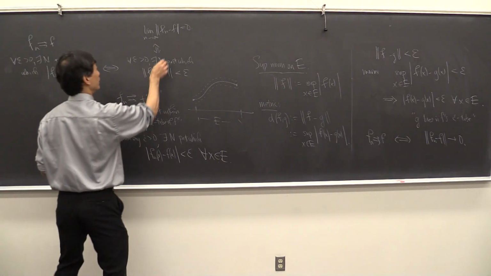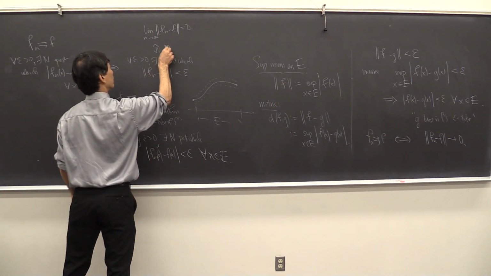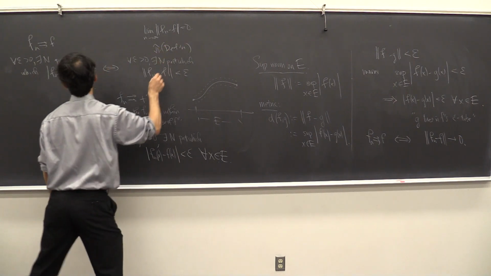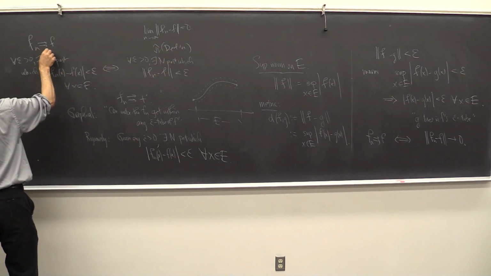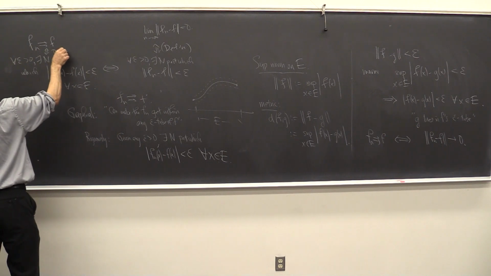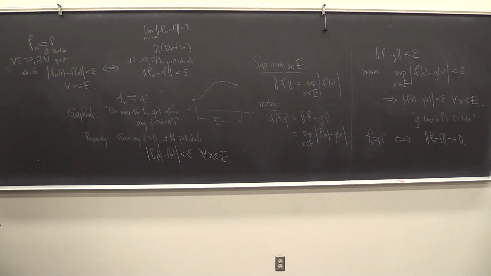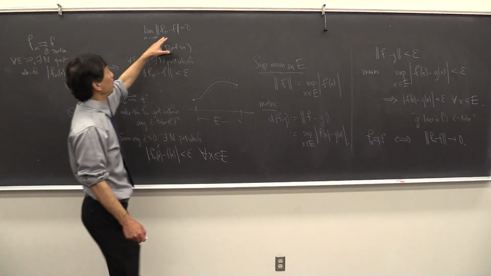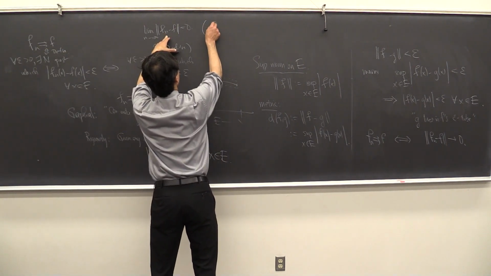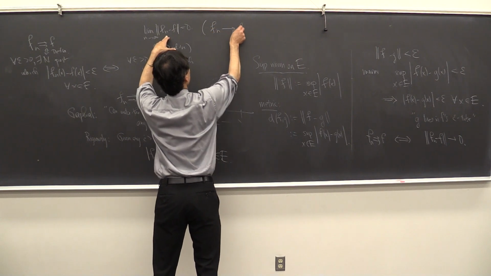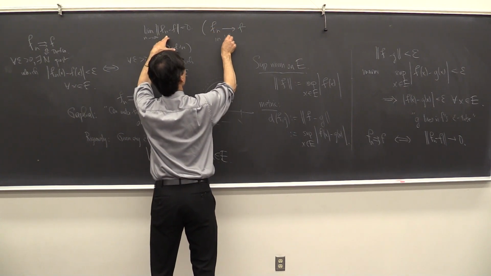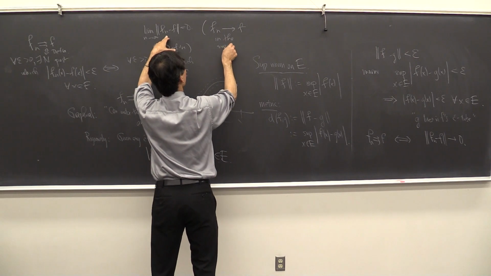That's the definition, just like this is the definition here. For these guys to converge to F uniformly is the same thing as saying that the Fn converge to F in the sup norm metric.